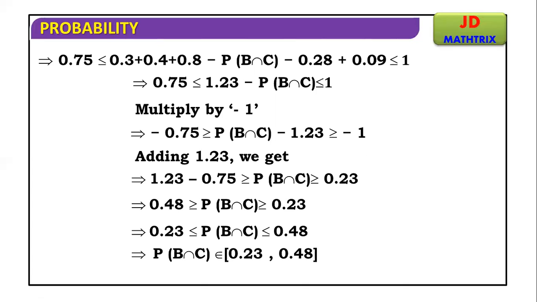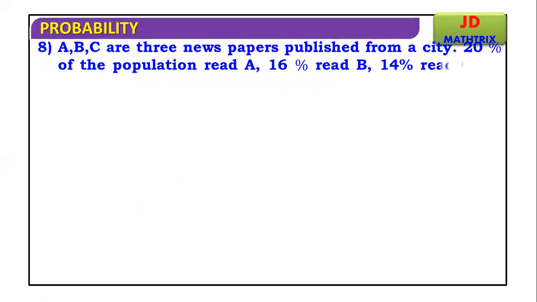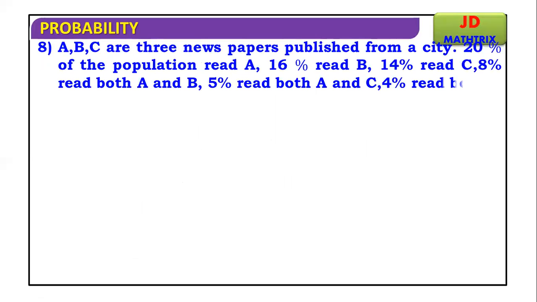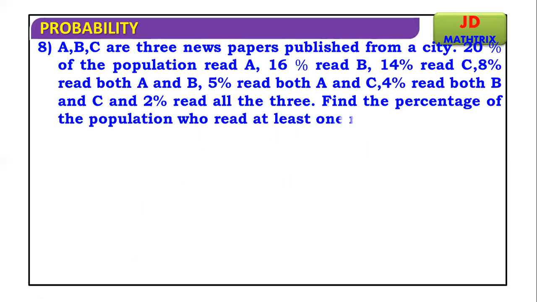Now coming to the last problem of this exercise. If A, B, C are 3 newspapers published from a city, 20% of the population read A, 16% read B, 14% read C, 8% read both A and B, 5% read both A and C, 4% read both B and C, and 2% read all the 3.